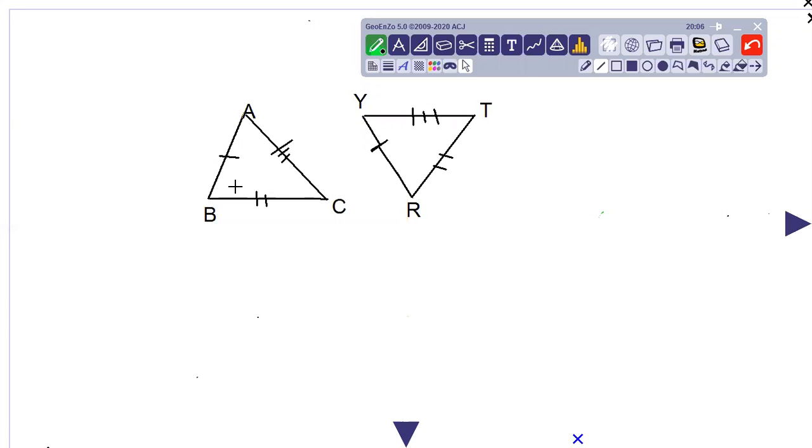I repeat again, a triangle has 6 parts, 3 angles and 3 sides. For the 2 triangles to be congruent means the second triangle should be exactly sitting upon the first triangle. That is congruent.